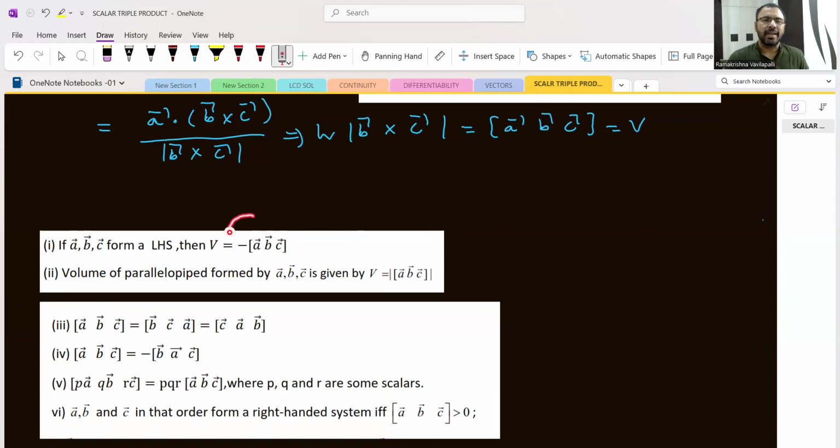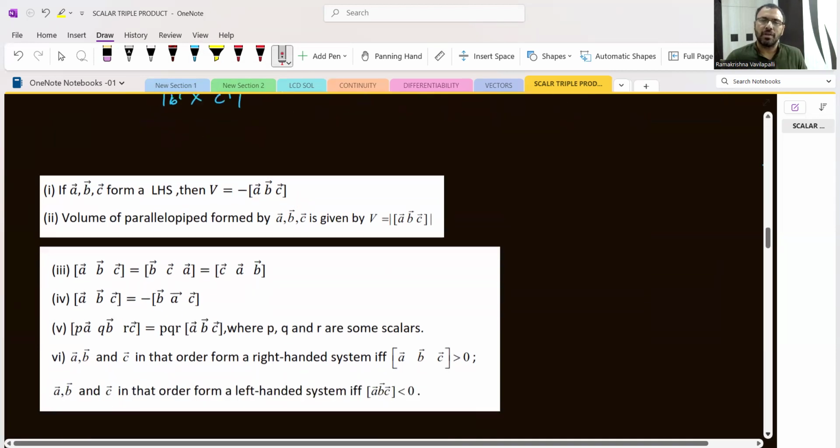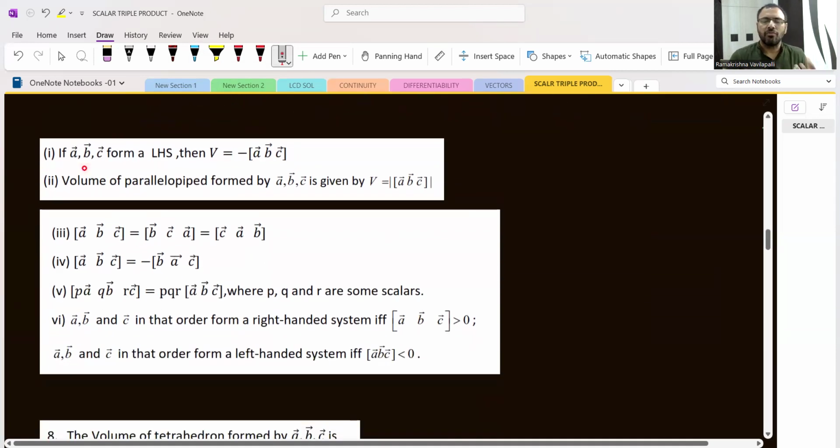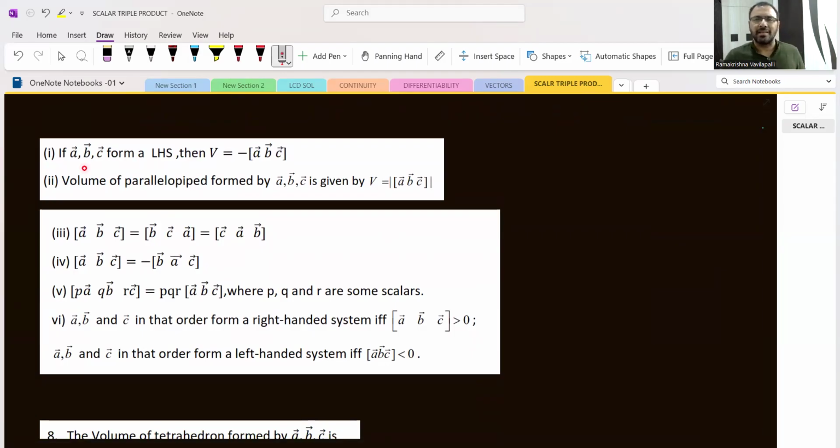So negative of box ABC is the volume of parallelepiped. We don't know whether the given vectors form a RHS or LHS, so we usually take the volume of parallelepiped of A bar, B bar, C bar equal to modulus of box of ABC.